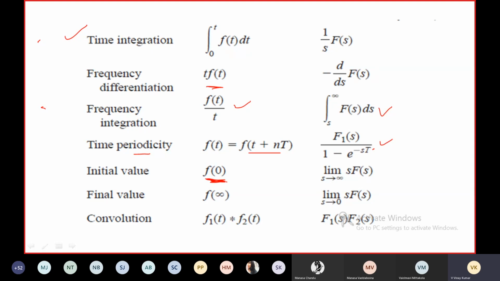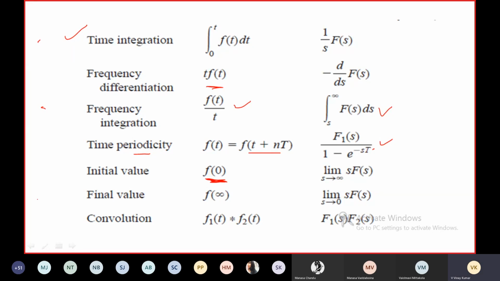If you want to find final value, at time tends to infinity, inductor acts as short circuit and capacitor acts as open circuit. By using those properties, you find I of infinity or v of infinity, right?